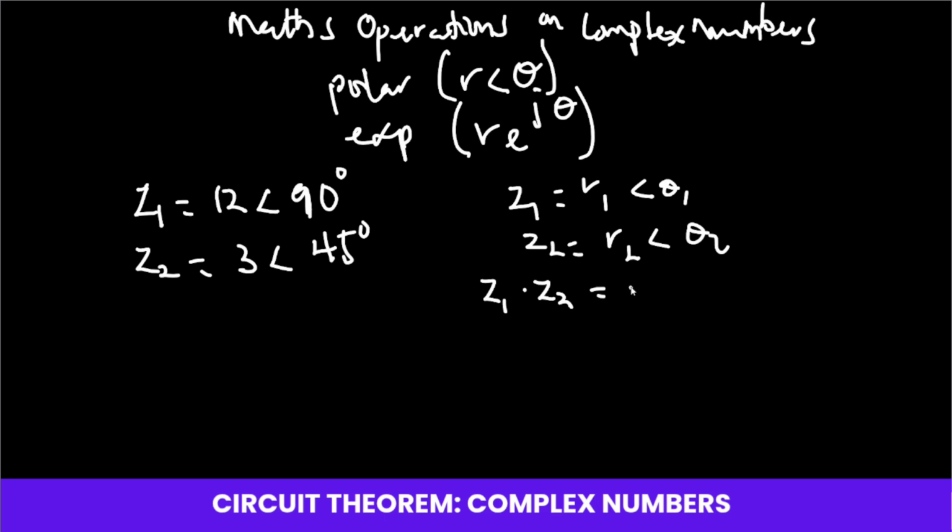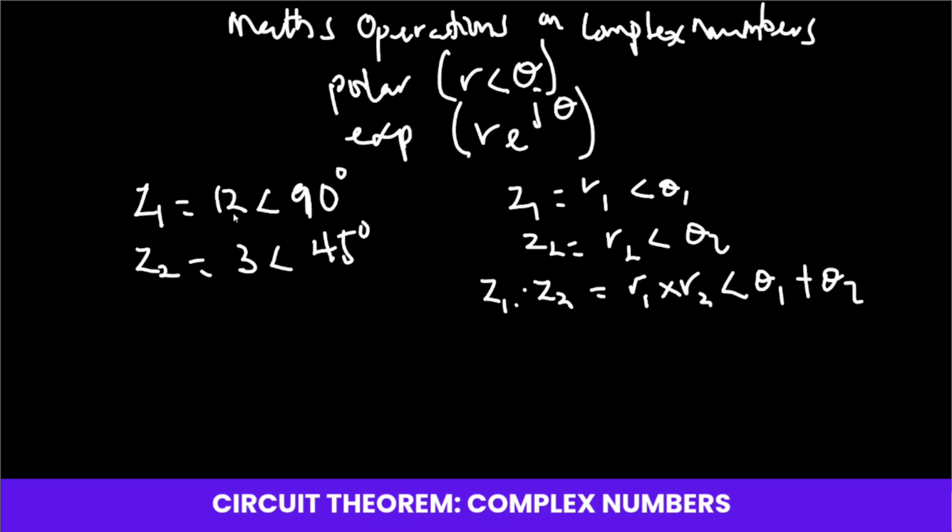What we do is we multiply the magnitudes and we add the angles, or you can decide to change everything into rectangular form and find it and come and find the angle back. You still get the same answer.